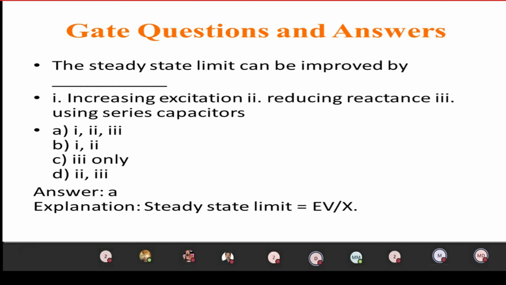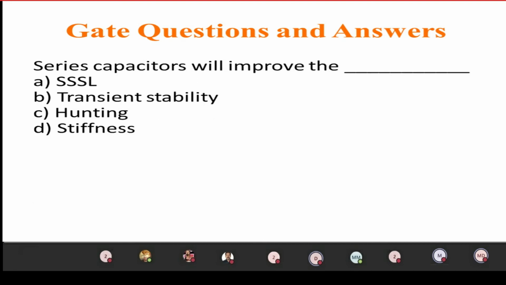Steady state stability is equal to EV divided by X. Series capacitor will improve the steady state stability, transient stability, hunting, stiffness. So here the series capacitor will increase the steady state stability.